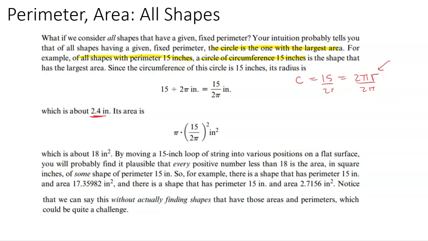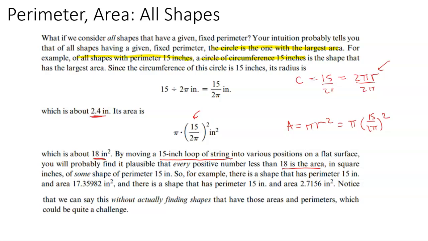So the area would be pi r squared. In this case, they're keeping this as the radius, 15 over 2 pi, squared, and they get about 18 square inches. So if you have a 15-inch loop of string and you start moving it around on your paper, you might think that every positive number less than 18 is the area in square inches of some shape of perimeter 15 inches.